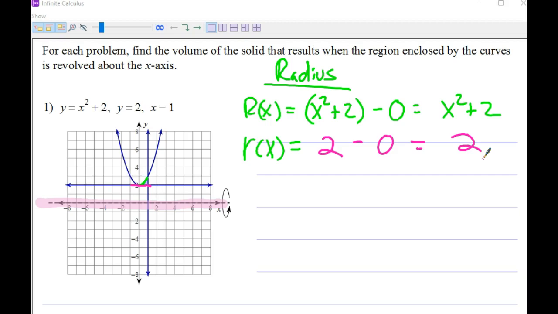The area of the cross section would be pi big R squared. Well, you plug it in. I will. I'm going to write it like this first.